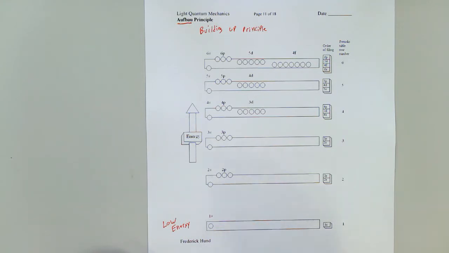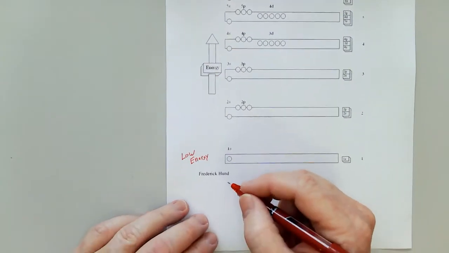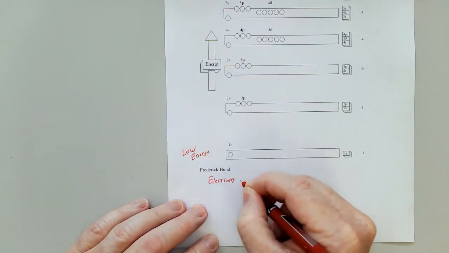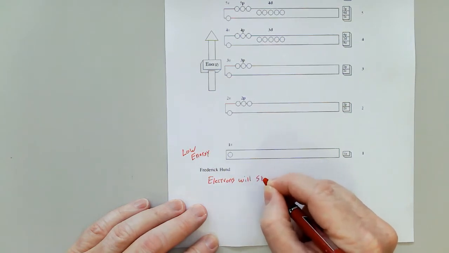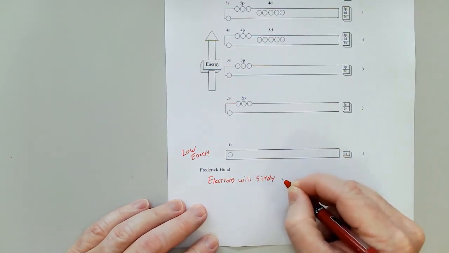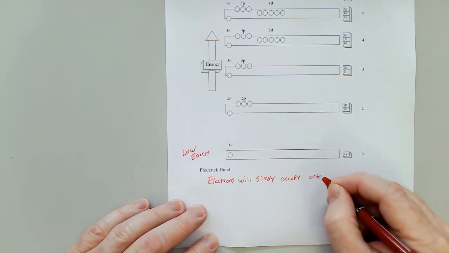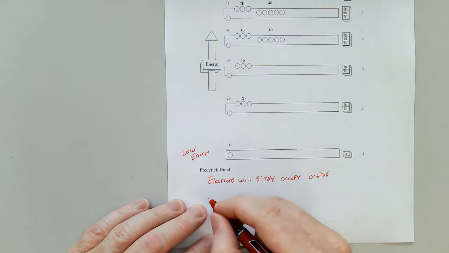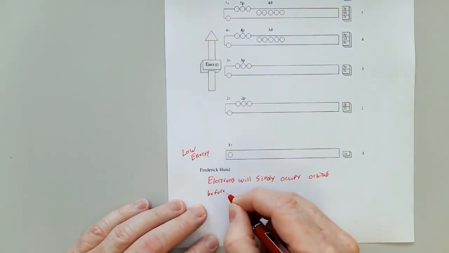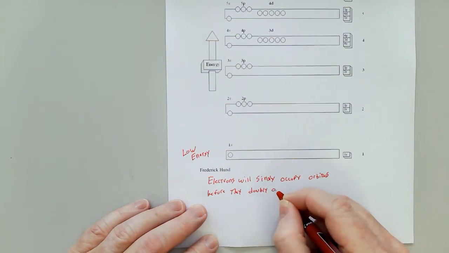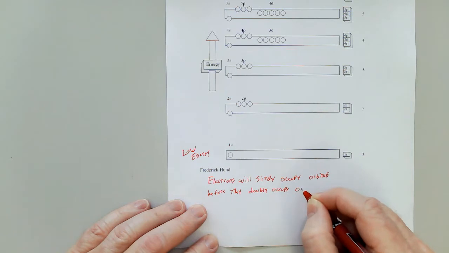Okay, now, electrons will go into low energy orbitals first. And when they do, they're going to follow something that is called Hund's Rule, named after Friedrich Hund. And Hund's Rule states electrons will singly occupy orbitals before they doubly occupy orbitals.